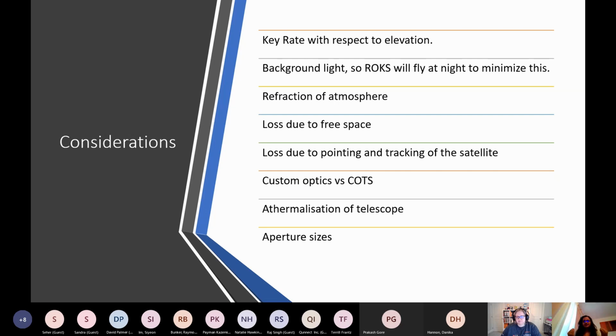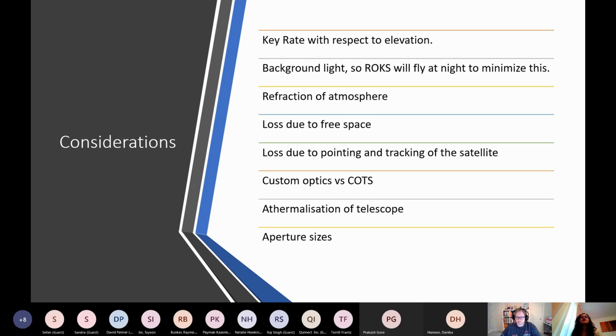You take atoms and freeze them at very, very low temperatures, and you can then manipulate them to create very sensitive atomic clocks. This will help us do quite a lot of fundamental physics experiments in space.